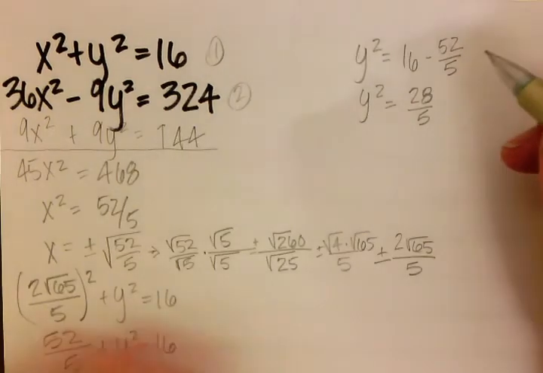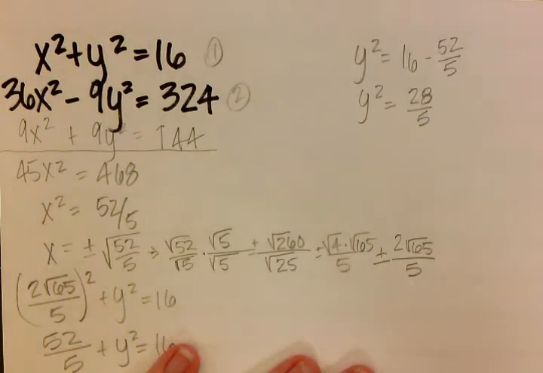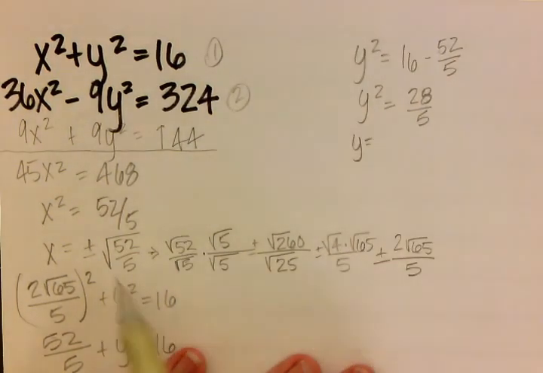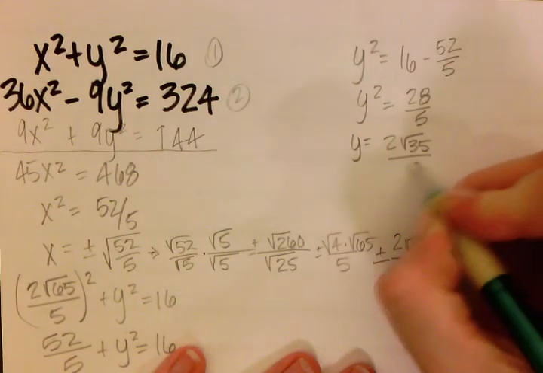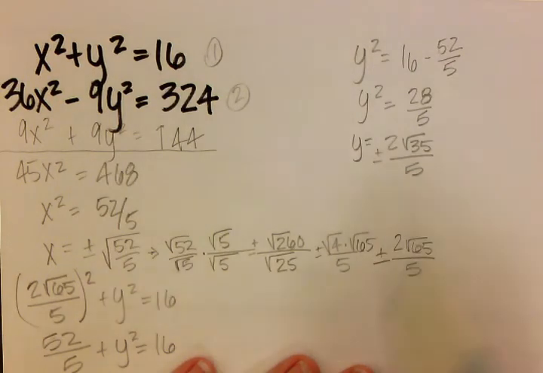Now once again we have to do exactly what we did for x. So we have to take the square root of both sides. So y equals, you're going to follow the same pattern you did here. And what you're going to get is 2 square root 35 over 5. And of course that's going to be plus or minus. And what we did to get from here to here is exactly the steps we did here, only with these numbers, with the x.